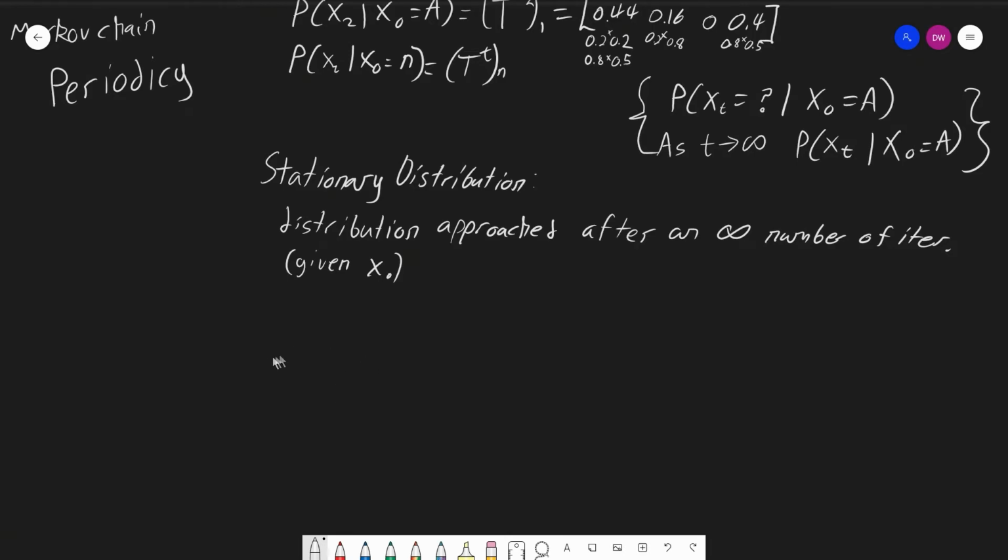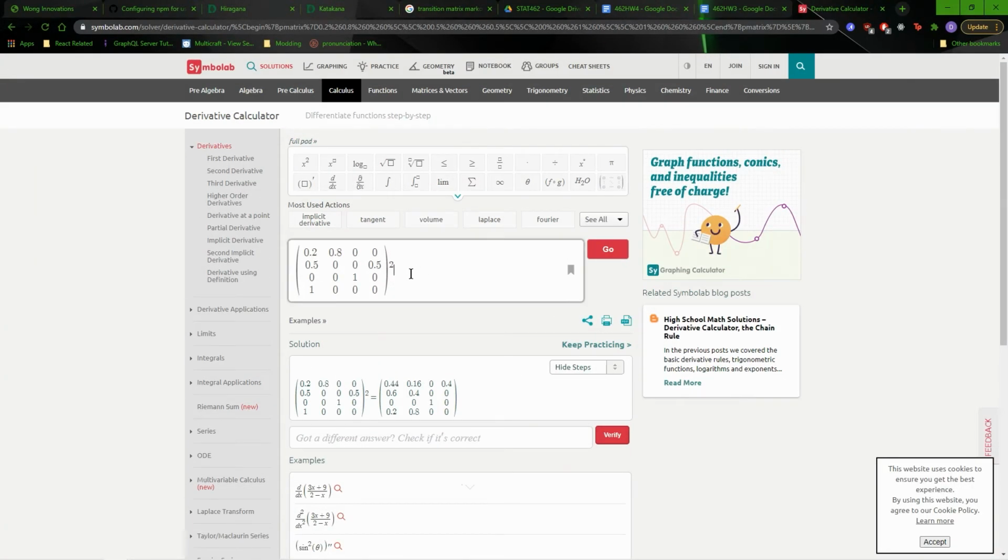The way we'd go about that is we solve for the eigenvectors and eigenvalues. That is step 1. And this is something I'm going to do in Symbolab because I already have the matrix typed up here. I'm not going to work through those by hand.